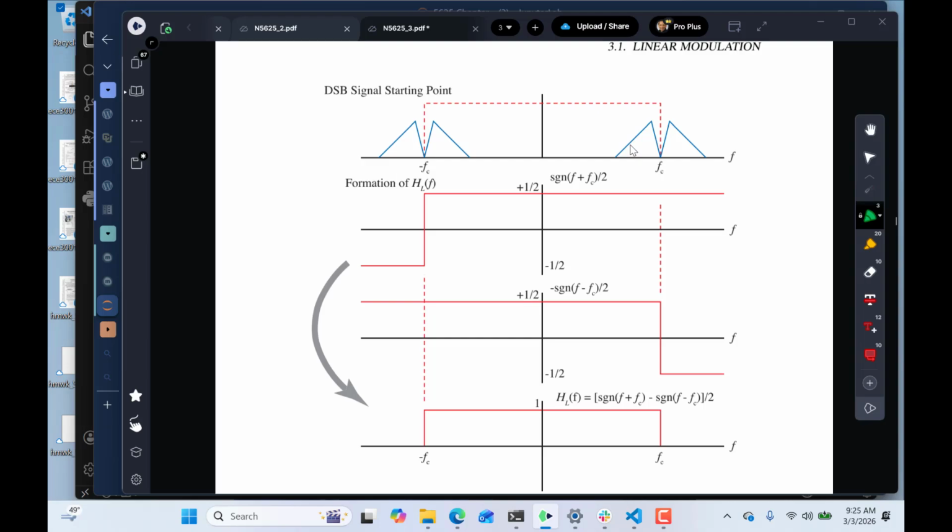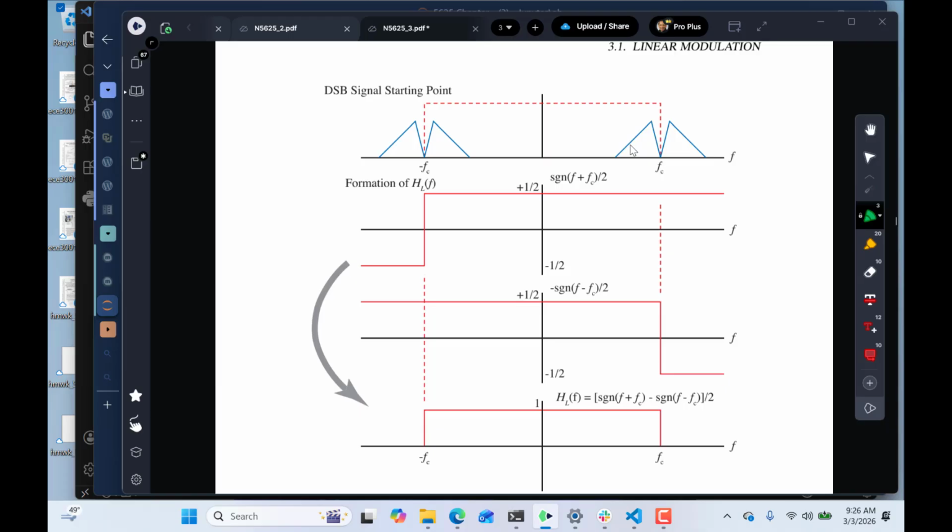I'm just going to say, looking at this, we see that if we had this double sideband signal, if we could form, using signum functions, the first signum function there turns on in the frequency domain at minus fc, and the second signum function switches off at plus fc. So if we were to build those up, we would have this perfect filter that would only pass the lower sideband. It would be sitting in here on the plus side and sitting in here on the minus side.